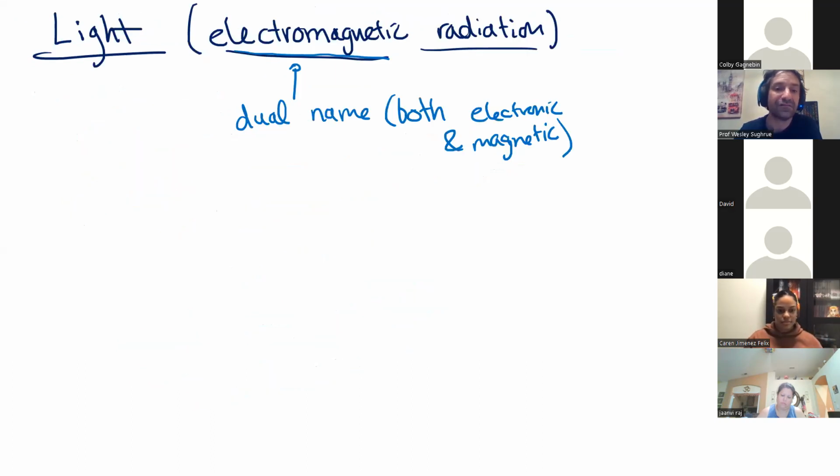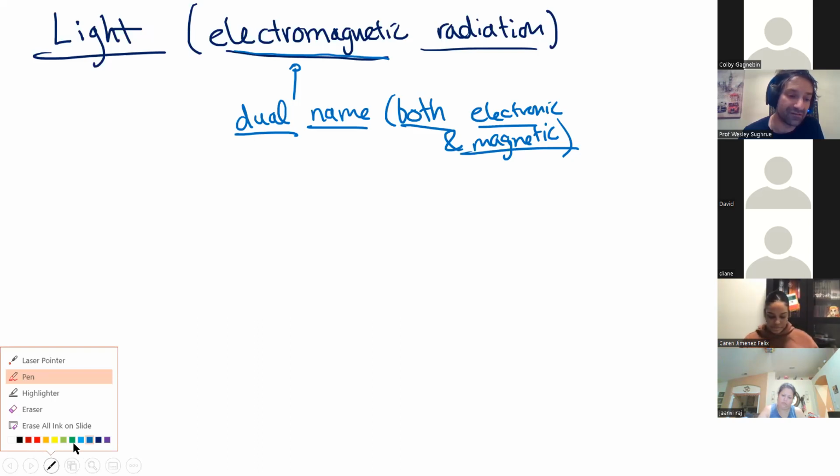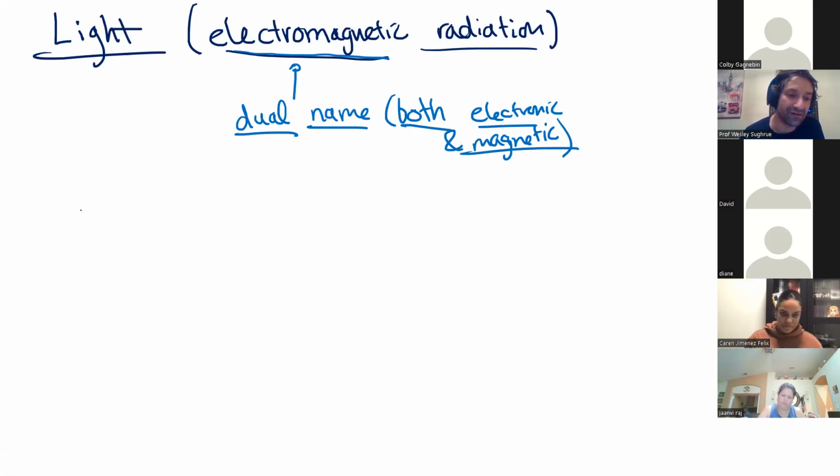Okay, so dual in name, both electronic and magnetic. And that is interesting because there was a Frenchman. I know you're thinking, what do the French have to do with quantum mechanics and light, aside from the Enlightenment in the 19th century?